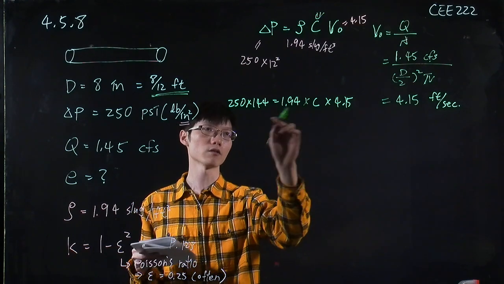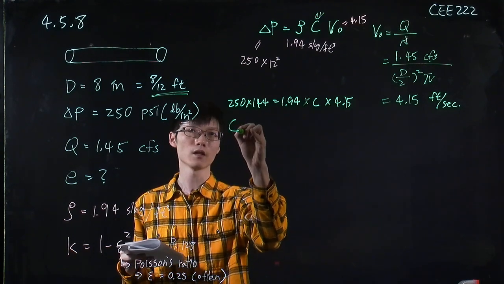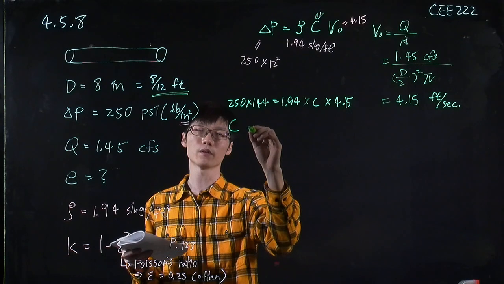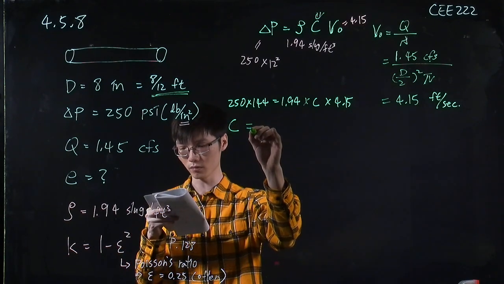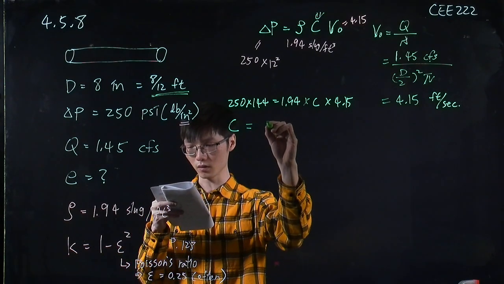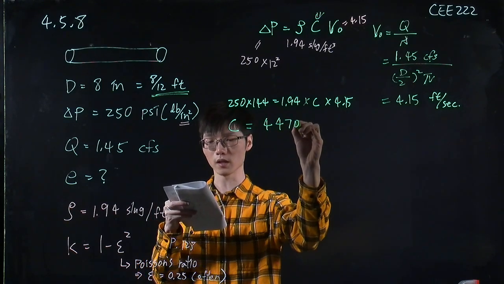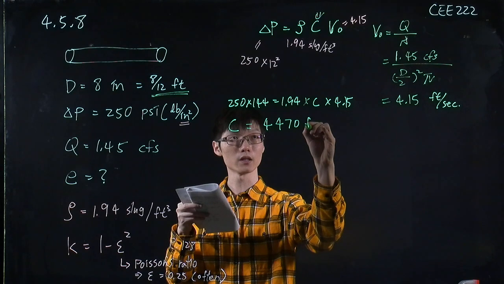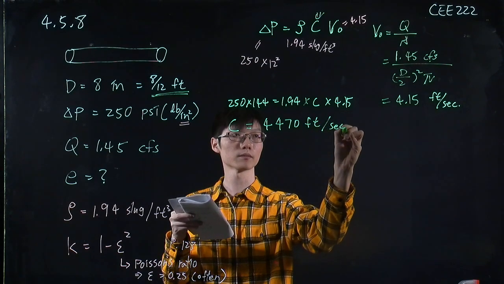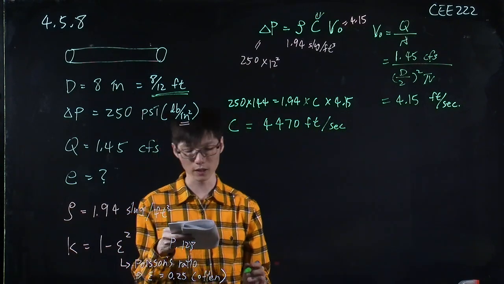From this equation, we can solve that the speed of the pressure wave is equal to 4,470 feet per second.